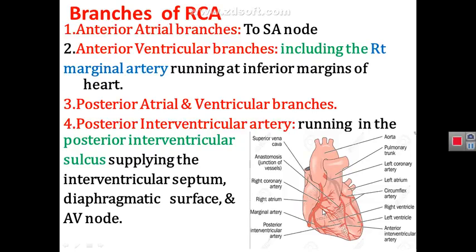Also, at the corner between the right border and lower border, it gives a big branch which is called the marginal artery. You can imagine that this marginal artery is one of the many branches supplying the anterior wall of the right ventricle, and they are called anterior ventricular branches.